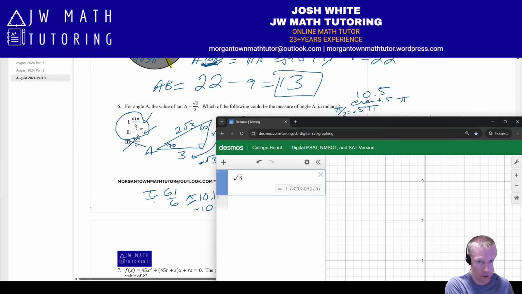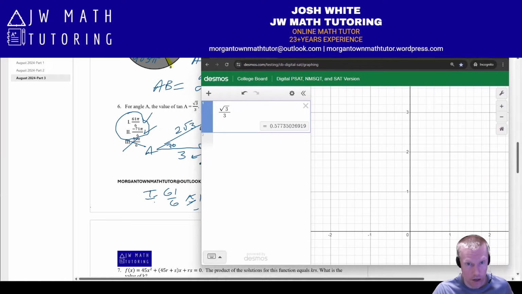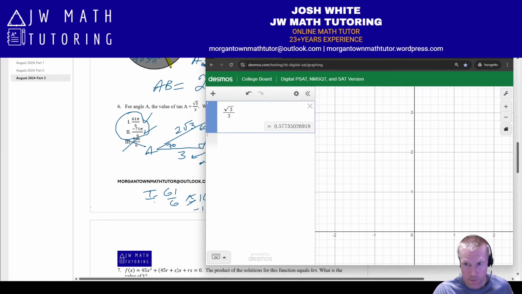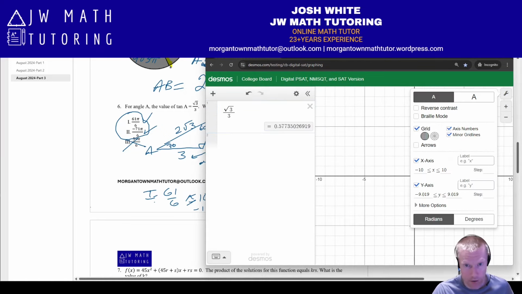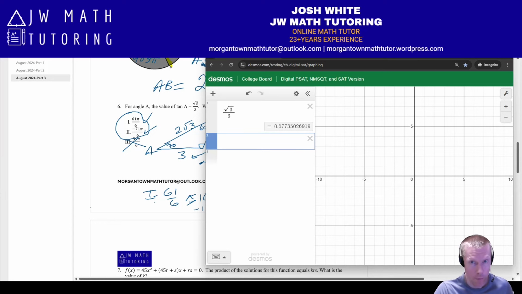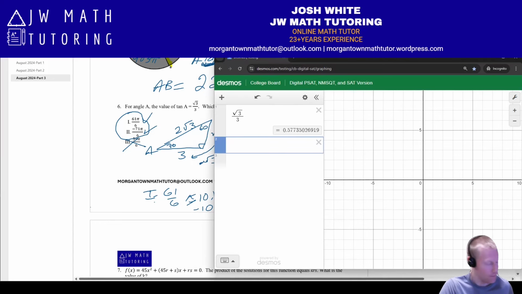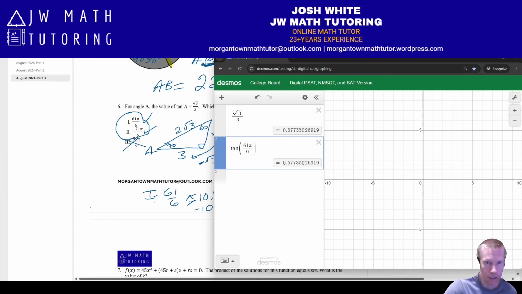So if I take square root 3 over 3, it's equal to this number. Let's just make sure I am in radians. Okay, I am. Now all I'm going to do is take the tan of these angles and see, do I get square root 3 over 3?